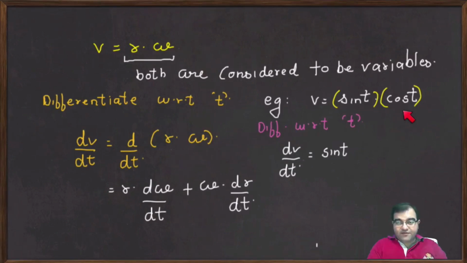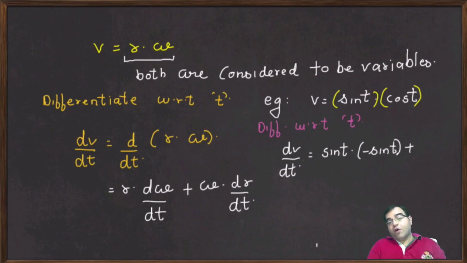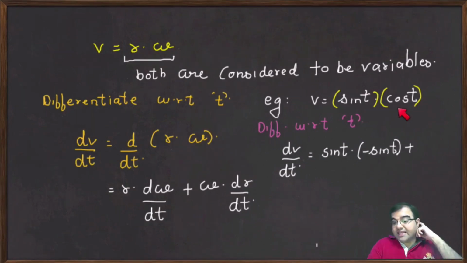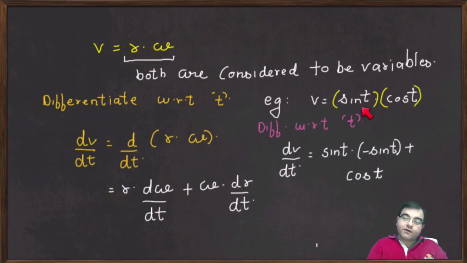What is the derivative of the second term? d by dt of cos t, and the derivative of cos of input is minus sine of input. So I have taken the derivative of the second term. Now I will keep the second term as it is. The second term is cos t. Take the derivative of the first term. The derivative of sine t is nothing but cos t. So I will write cos t here. I again say this is sine t, the first term kept as it is.